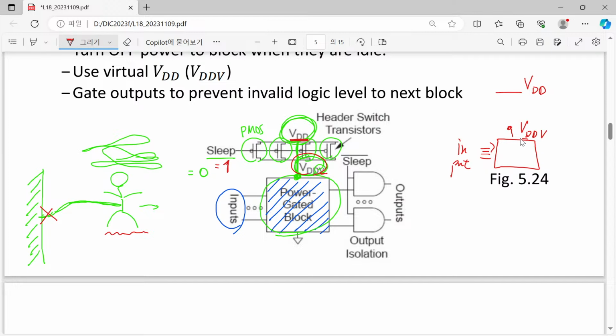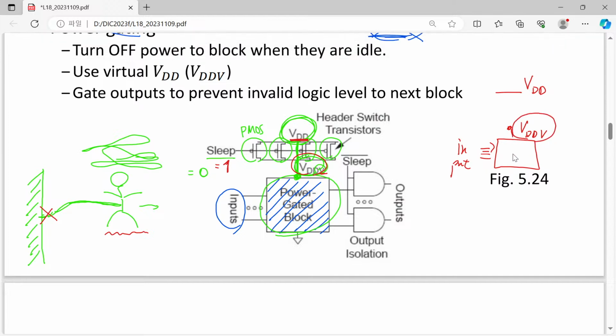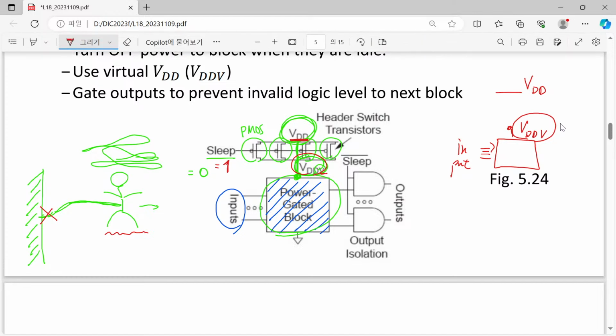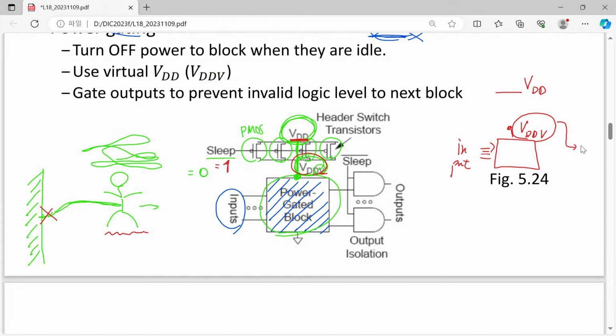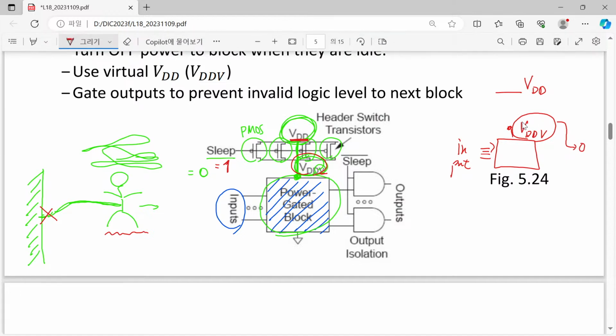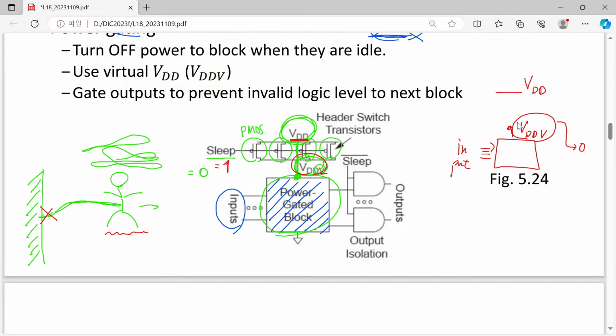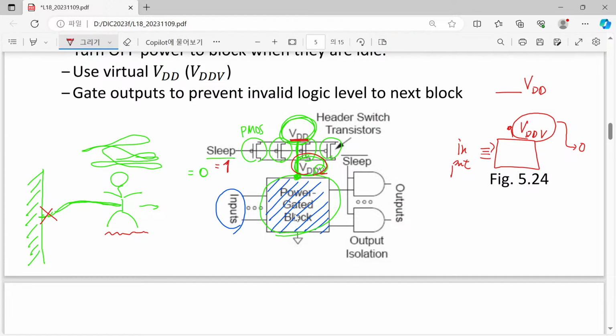It is not possible for this to drive this power consuming circuit, and eventually the voltage value will go to 0, because there is no driving force, no electromotive force, to keep the voltage at VDD. So eventually it will go to 0, and the power consumption by this part will be 0.